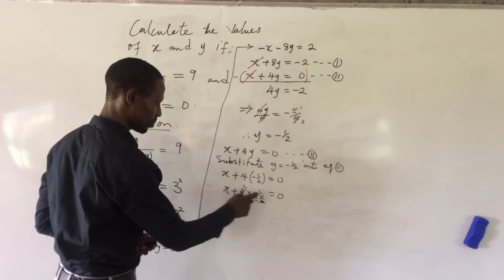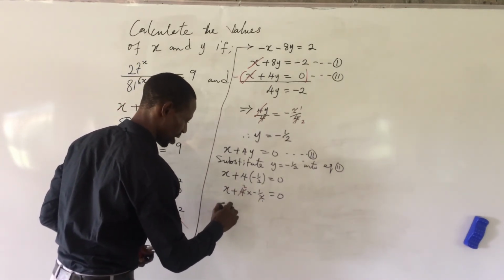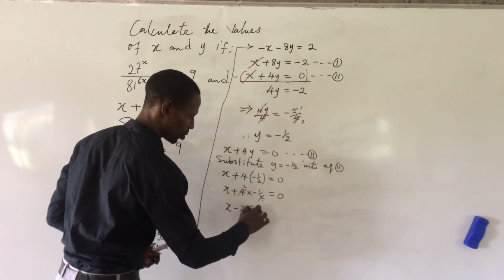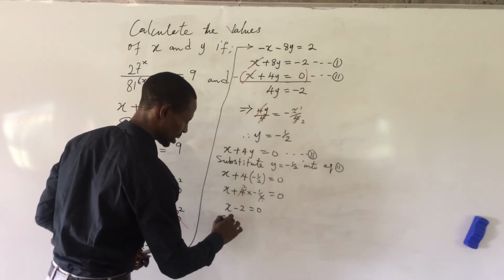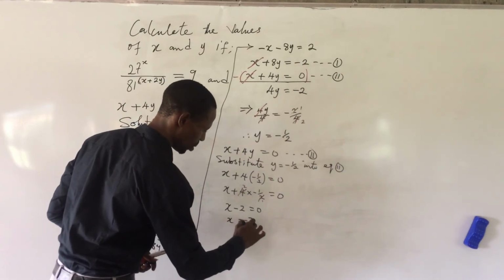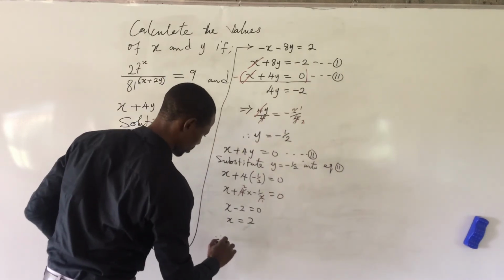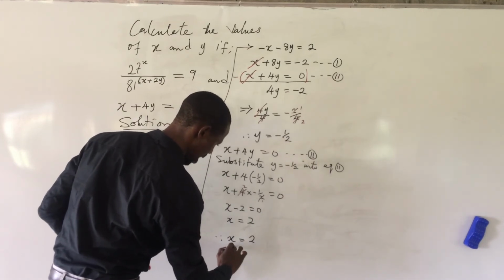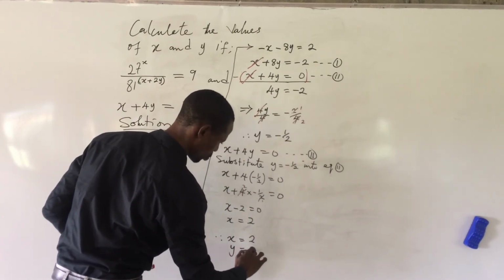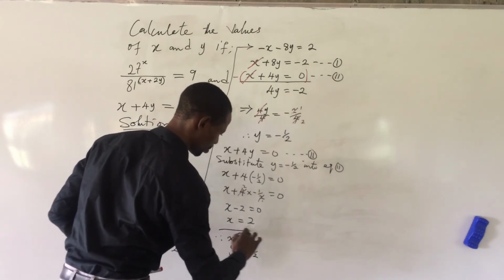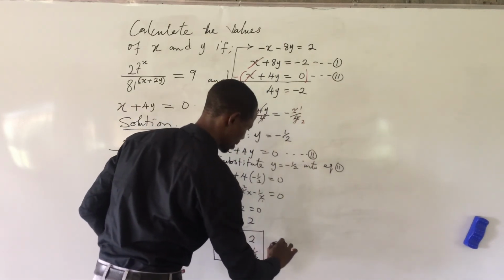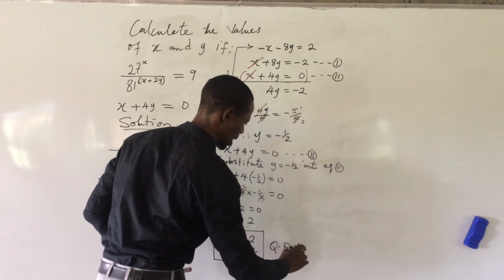So minus times plus will give us minus. So we have x minus 2 equals 0. So x will give us what? Plus 2. Therefore, x is equal to 2 and y is equal to minus 1 all over 2. These are the values of x and y, QED.